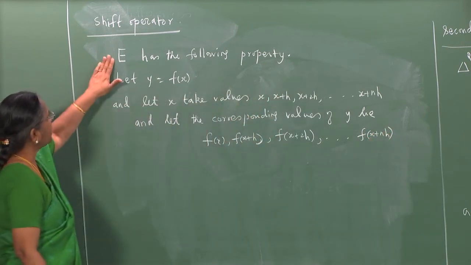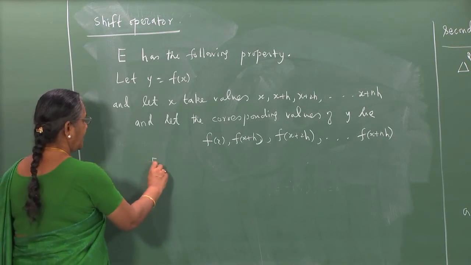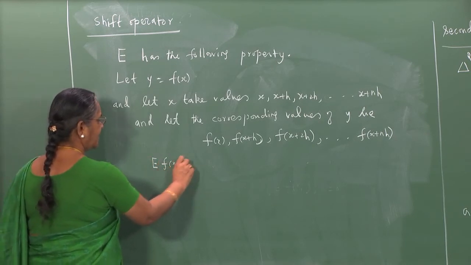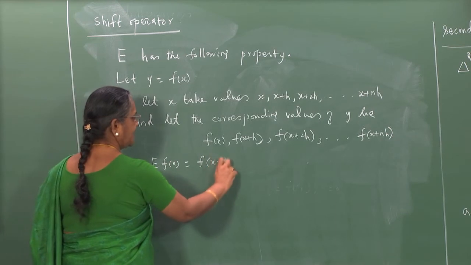So, what is the property of E? E on f of x is f of x plus h.